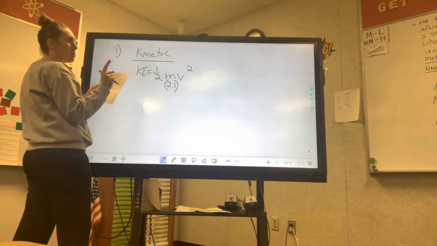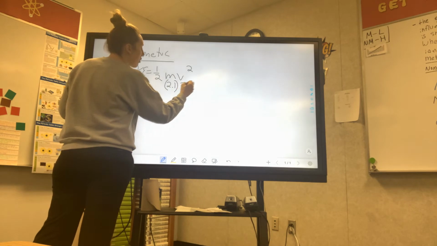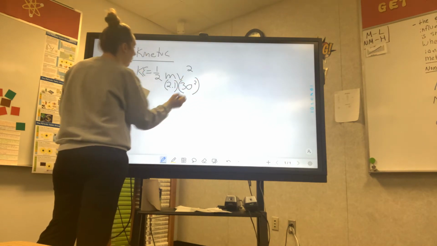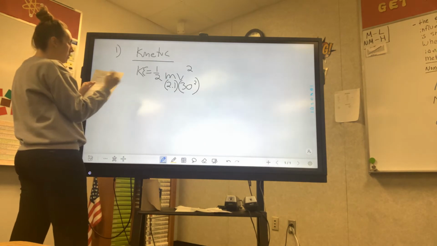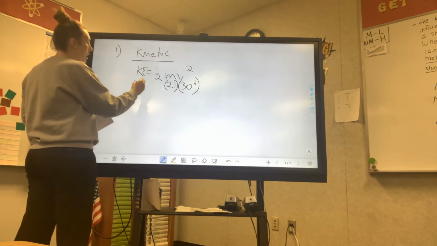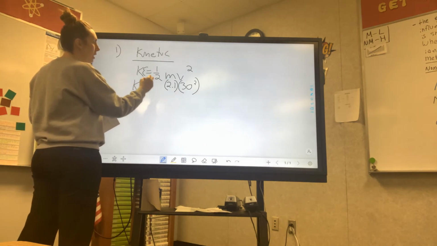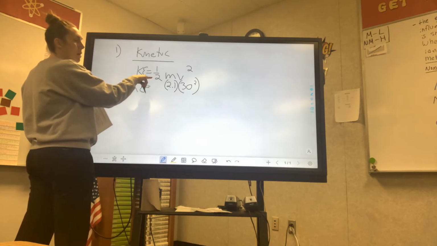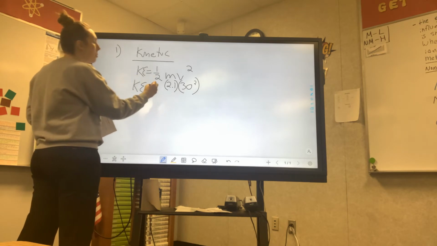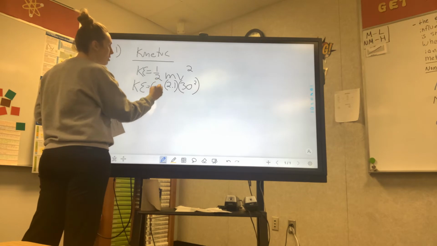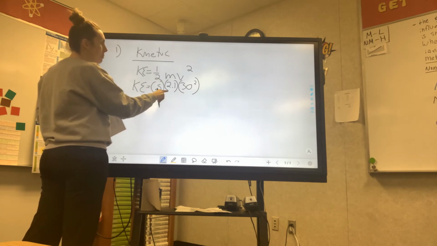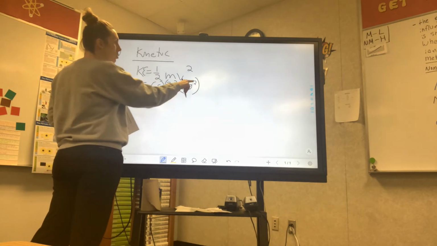What do you think 30 meters per second is? Velocity. The velocity is 30, but we have to square it. Now all they're asking for is kinetic energy. What is the decimal version of 1/2? 0.5, good. So now we're doing 0.5 times 2.1 times 30 squared.